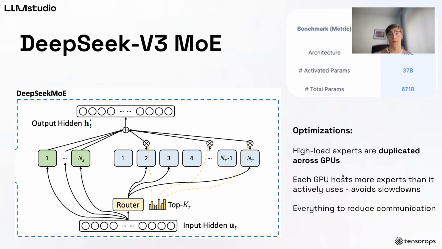Also, each GPU is hosting more experts than it actively uses, meaning, for example, if the model has a top-K of, I don't know, 8 or 9, then the GPU is hosting 12, just so it's a bit bigger. We have more redundancy. We don't have to wait. That's the main thing that they're trying to avoid, having to wait for anything. Okay, so they want more replicas. They prefer that. So they try to reduce communication efforts as much as possible and slowdowns.